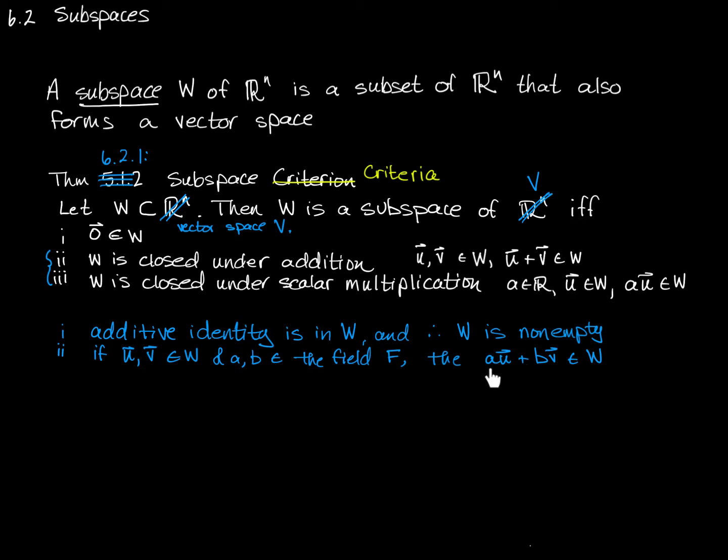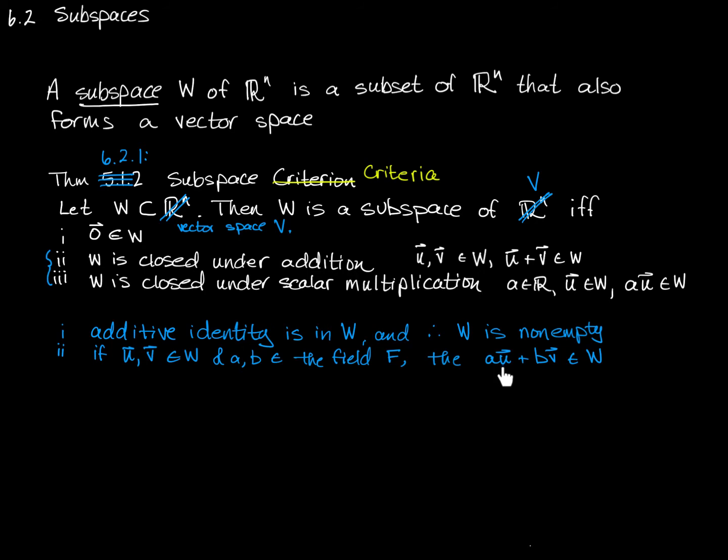Now, A can be the multiplicative identity, right? If A is the multiplicative identity in whatever the field is that I'm working with, then that's like saying 1 times U. So I get just U plus V. In that case, if B is the multiplicative identity as well, U plus V is in W. Right, so that's equivalent of saying that W is closed under addition.